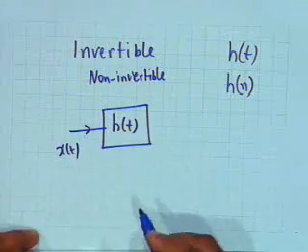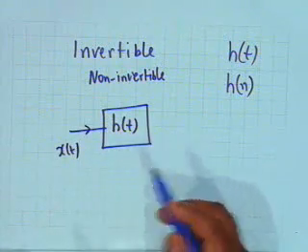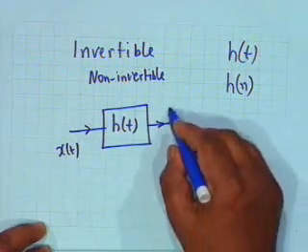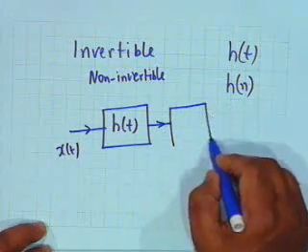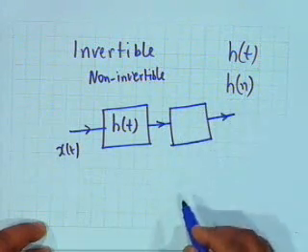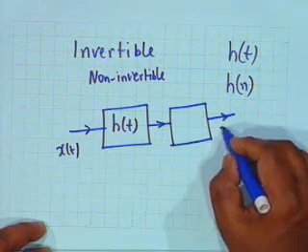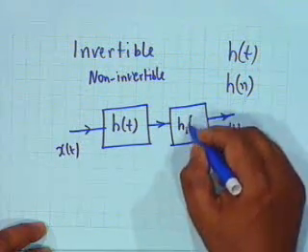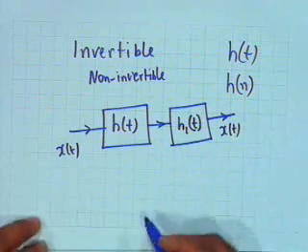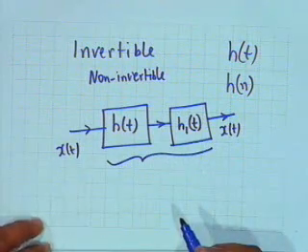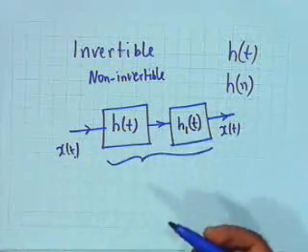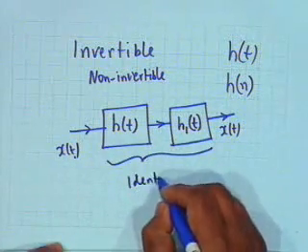Now, if the system is invertible, then we must be able to find another system called the inverse system, such that the output of the inverse system is equal to x of t. And therefore, if the impulse response of the inverse system is h1 of t, then this must be what kind of a system? Identity system, the combination of the two, because it takes x of t, gives an output of x of t, and therefore this must be an identity system.